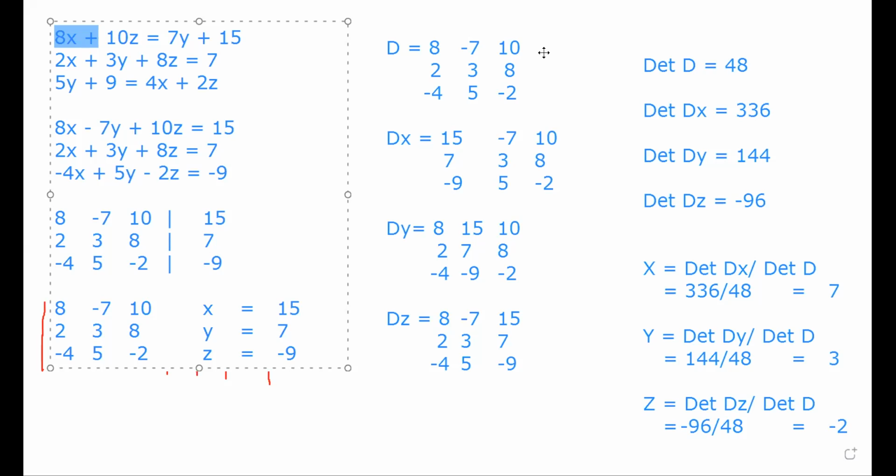Good. So I'm going to give you an example. In some questions, they will have only 2 coefficient values, like x and y only. In that case, you don't need to worry about it. Now write down the question.